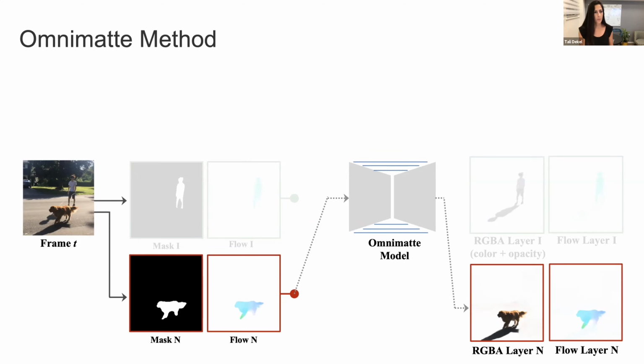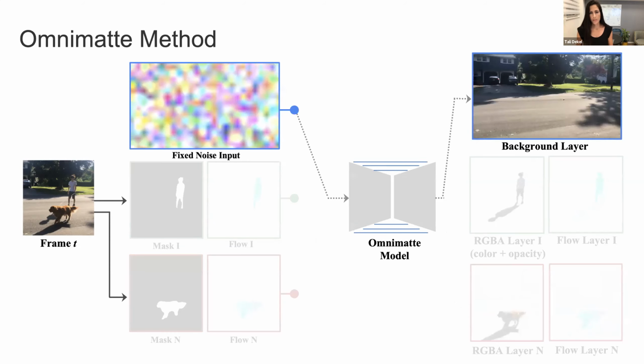For the background, I just want to mention that we assume a static background, but we can handle camera motion that can be represented well using homographies. The way it works is that we align the background to the same coordinate system using homographies, and then we predict a background layer which is panoramic and looks like that.